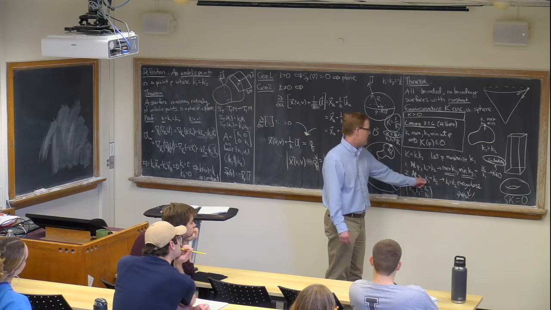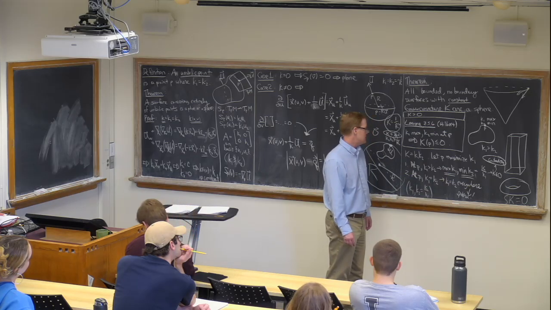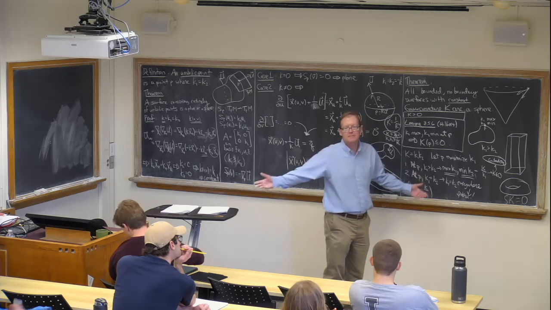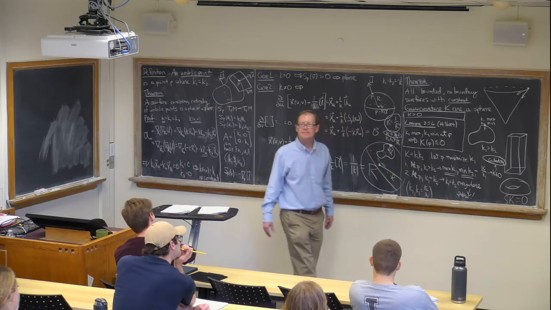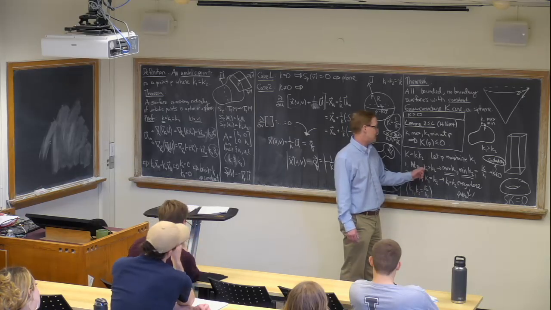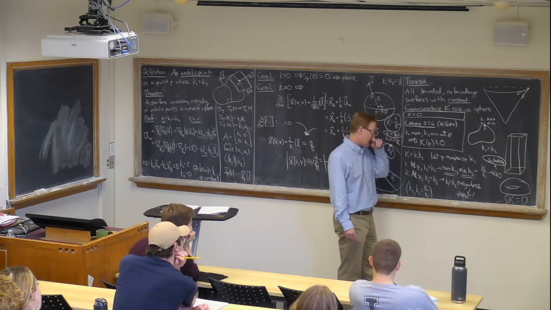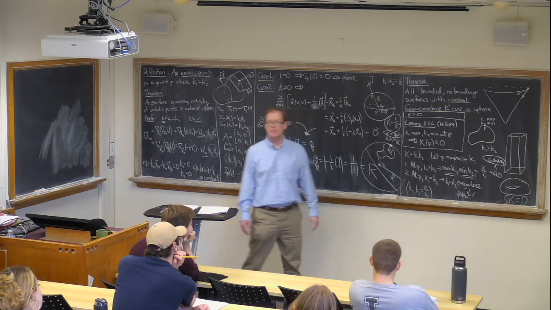If there was some point where K1 was actually bigger than K2, then the maximum would have K1 bigger than K2. But there isn't a point where K1 is bigger than K2 anywhere, because if there were, then case 1 would happen when you maximize K1. So therefore, K1 equals K2 everywhere. Therefore, it's umbilic. Therefore, it's a sphere.